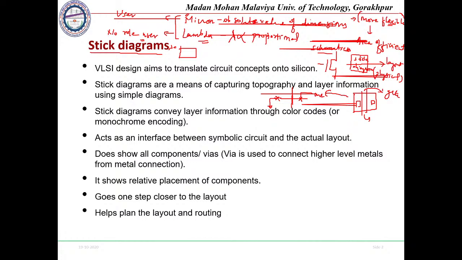Okay, so here this layout having stick diagram, this stick diagram is defined in terms of different colors. So these different layers will be defined by different lines, and these different lines will be having a particular color. So that particular color will be defining what type of layer it is in the actual layout circuit.